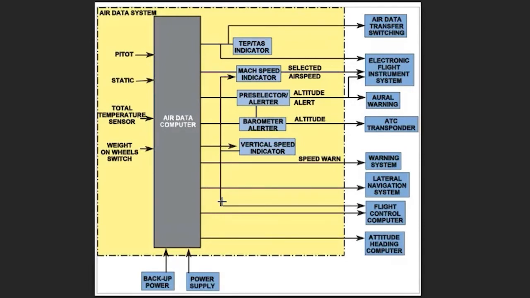relative to your track. It knows your drift angle, but it doesn't know from which direction and what the wind speed is. And if we are interested in finding the wind speed in our actual conditions, we need to supply information about our true airspeed into our inertial navigation or inertial reference system.